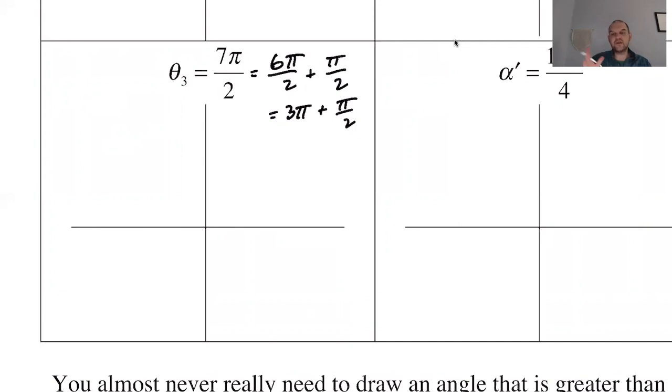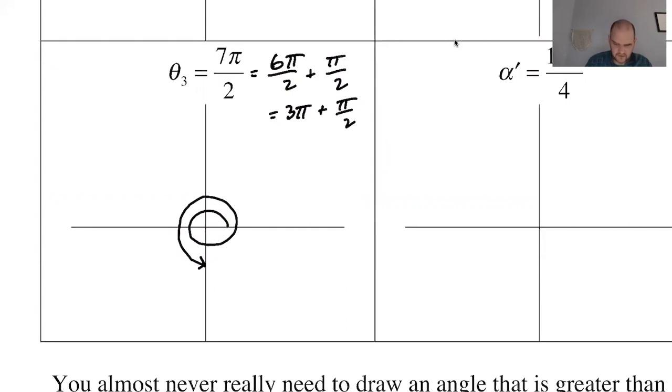All right, what would 3 pi look like? Well, this would be pi, and then, ooh, look at that. It became a trapezoid. How did I even do that? I have no idea how I made that happen. All right, here we go. So it's going to go pi, 2 pi, 3 pi, add another pi over 2.